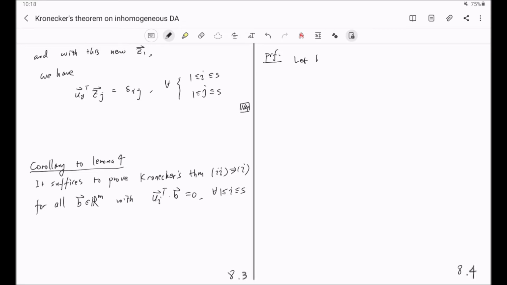Let vector b in R^m be any vector satisfying the statement number 2 in Kronecker's theorem, namely, whenever you have A^T u in Z^n and u is in Z^m, you will have u^T b is an integer.